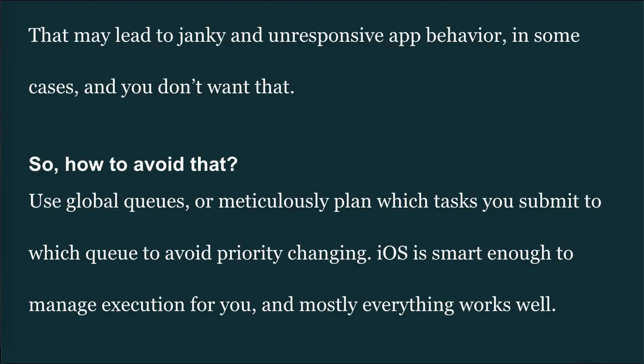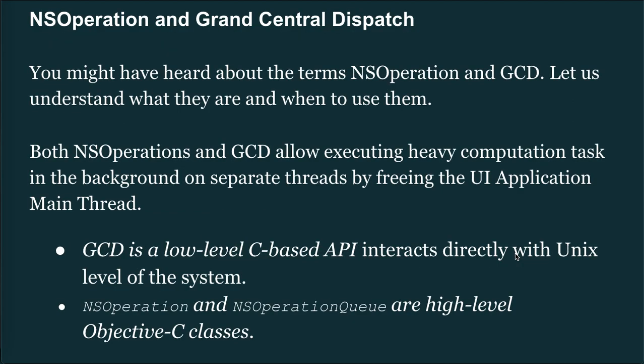That may lead to janky and unresponsive app behavior in some cases, and you don't want that. So, how to avoid that? Use global queues or meticulously plan which task you submit to which queue to avoid priority changing. iOS is smart enough to manage execution for you, and mostly everything works well.